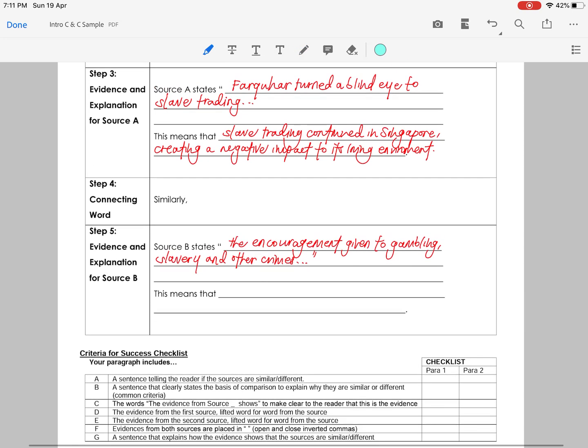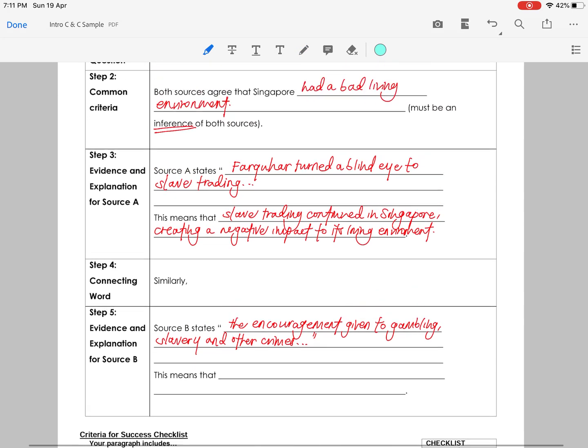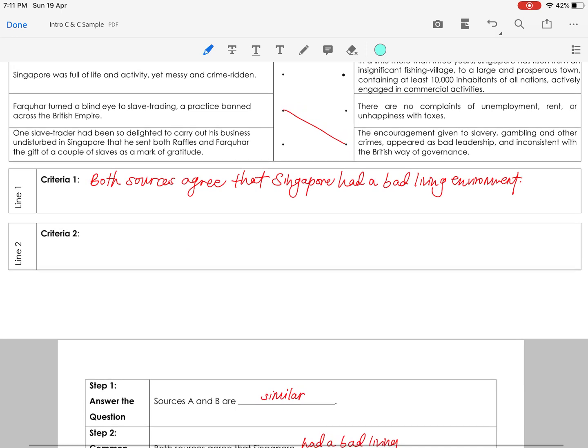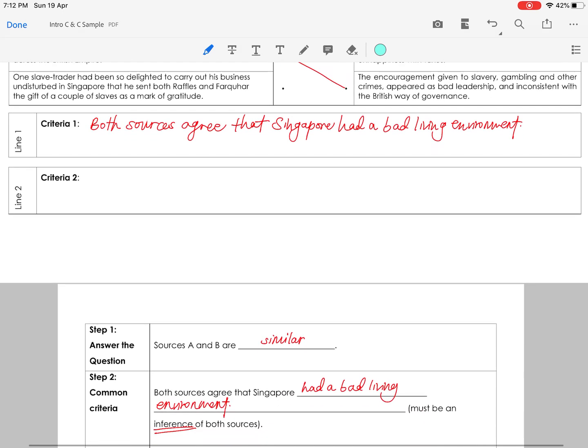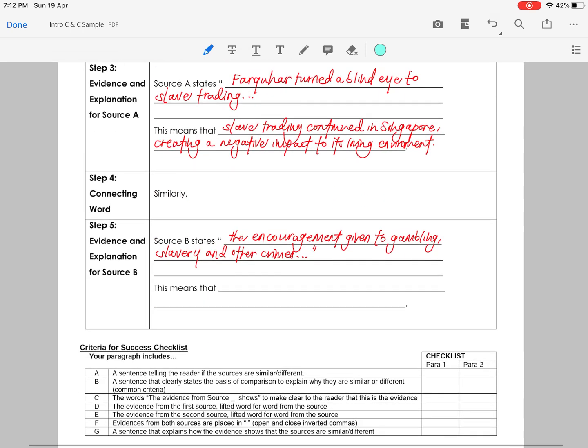If I read through the whole sentence, the encouragement given to gambling, slavery, and other crimes appeared as bad leadership and inconsistent with the British way of governance.